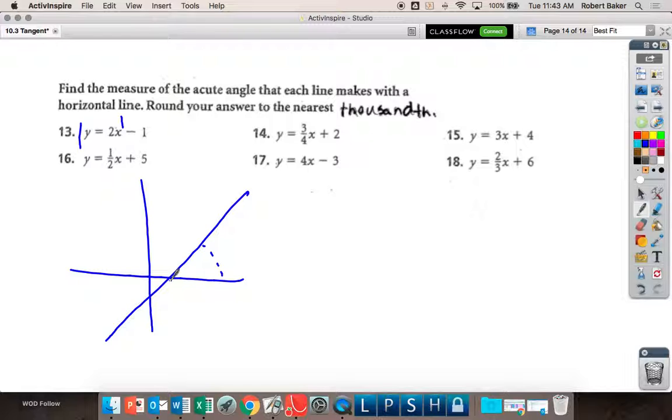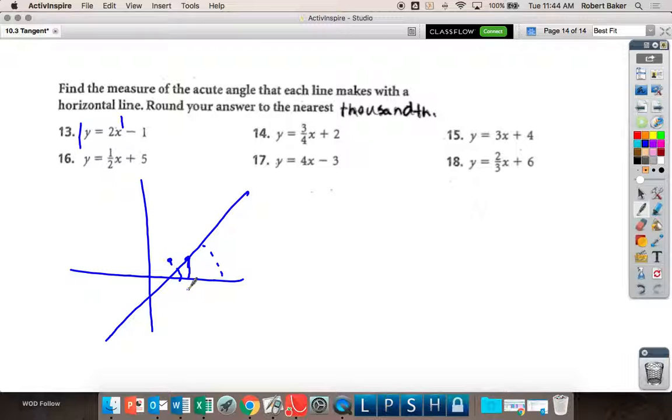That's how you get to 2x. So tangent is equal to opposite over adjacent, or tangent is equal to y over x. So this would be a 45 degree angle. Tangent is always equal to y over x, no matter what.